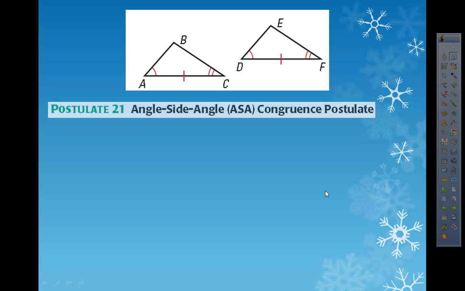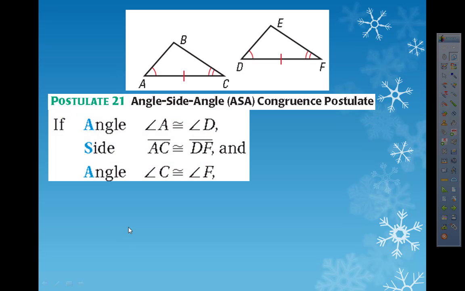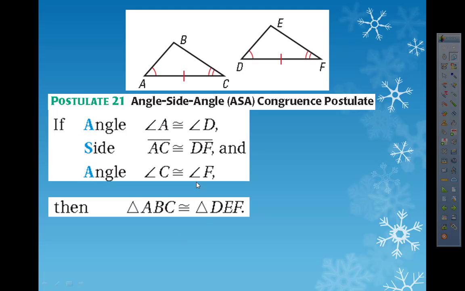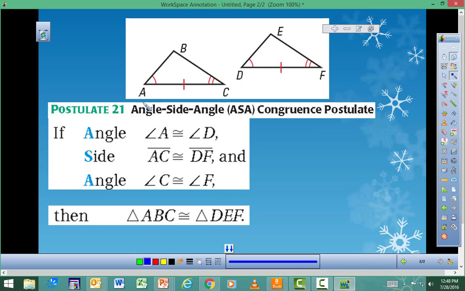So here's the angle side angle postulate. If you have angle side angle, then we can prove that the triangles are congruent. And once again, I'll just show you the setup. As we kind of move along the triangle this way, and then this way, we come across an angle and a side and an angle.